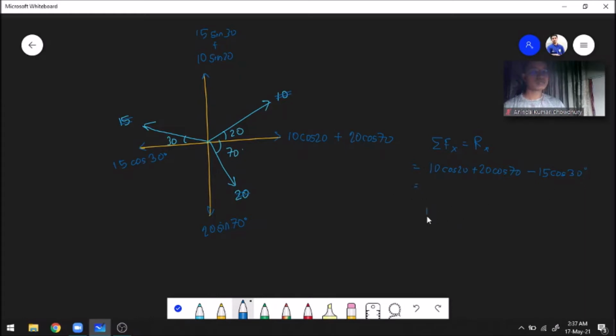Similarly, you can find the resultant force in the y direction, which can also be called the sum of the forces in the y direction. This will be minus because this is in the negative y direction. So 15 sin 30 plus 10 sin 20 minus 20 sin 70. So these are the forces. Just give me a minute to calculate these forces.